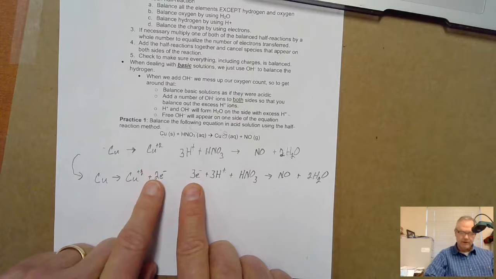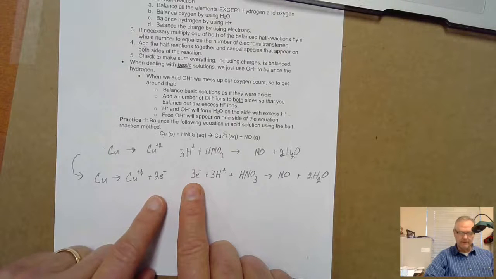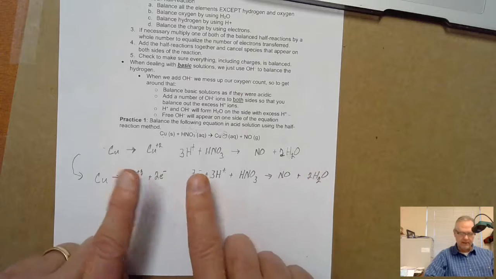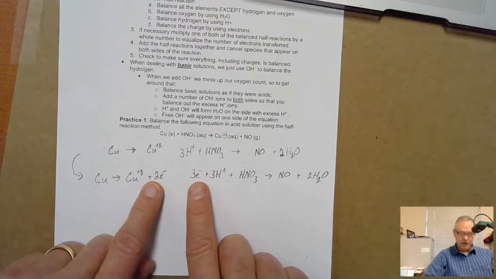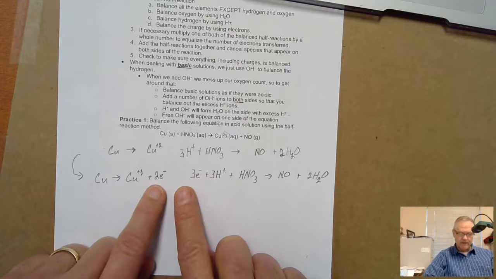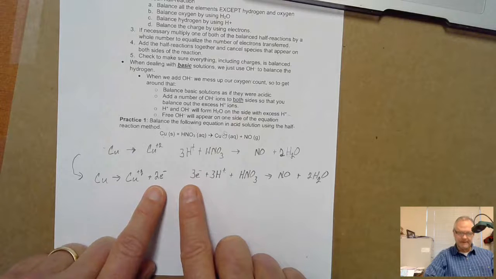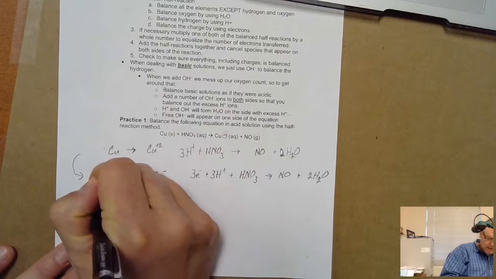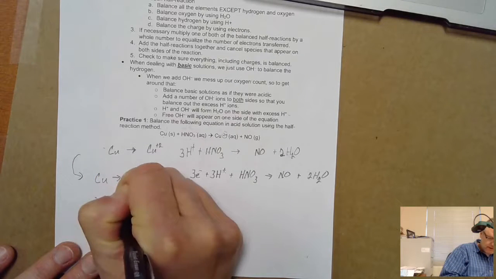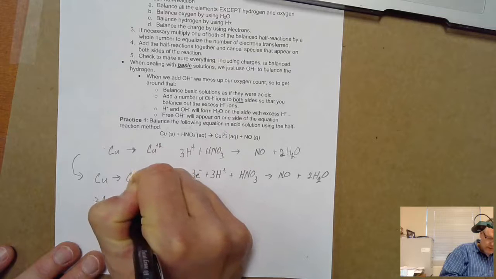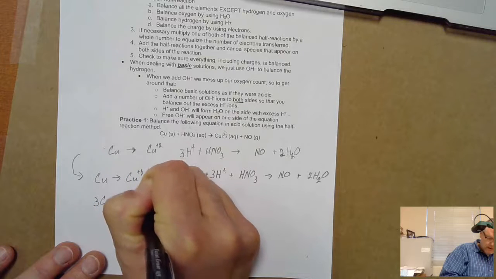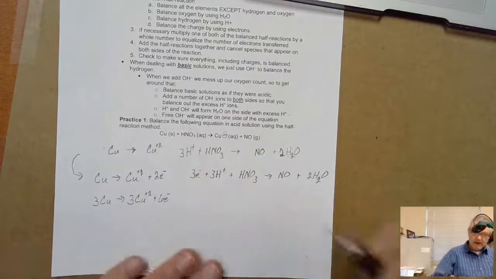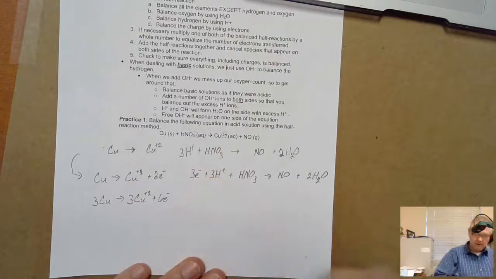So what I'm going to have to do is distribute a coefficient through the entire half reaction of each one of these in order to get my electrons to be the same. I know that 2 and 3 have the least common multiple of 6, so I'm going to multiply this half reaction by 3, so I would get 3 Cu yielding 3 copper ions plus 6 electrons. Now I'm going to multiply 2 through all of this one.